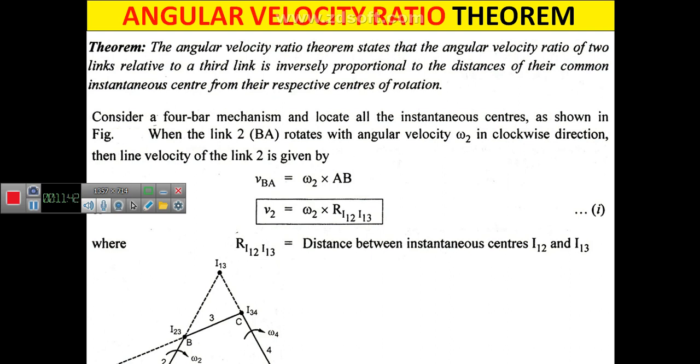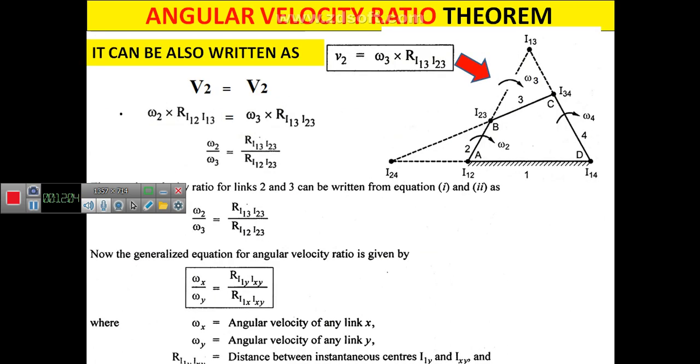That is nothing but the angular velocity of the second link into the link distance, that is AB. So that is the first thing I have to mention: angular velocity into link distance. That is also written as V2 equals omega 2 into the radial distance of I12 to I13. That is one way. Now you have a diagram in the slide.